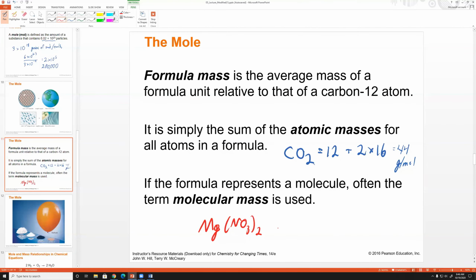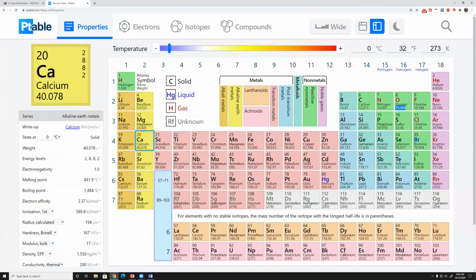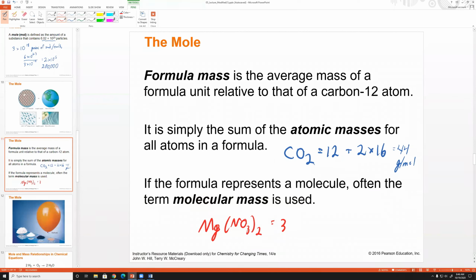So now let's try to figure out the molar mass of this. First, magnesium. That's 24.3. Plus, now it gets a little dicey. We have NO3, but we have 2 of them.